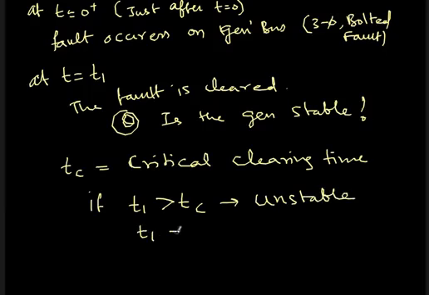If T1 is equal to TC, that is critically stable, and if T1 is less than TC, then it is stable. Therefore, it is very important to clear the fault before this critical clearing time so that I am able to maintain the stability of the system.